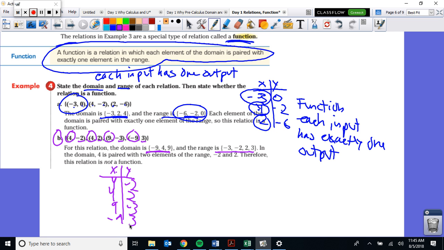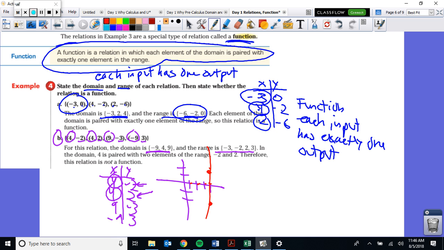Oh, here's the problem. See, look, here's the input, x, which is 4 and 4, and it has a different output. It's got -2 and 2. If I were to draw this, I got 4, 2 and 4, -2, here are the 2 points.